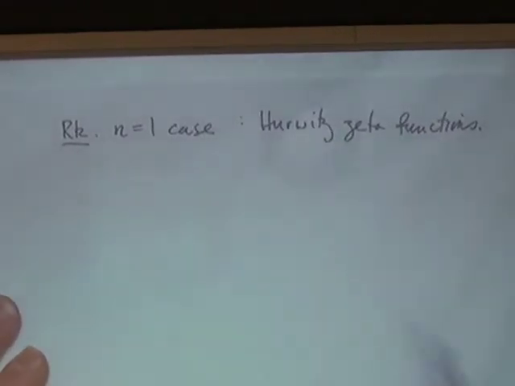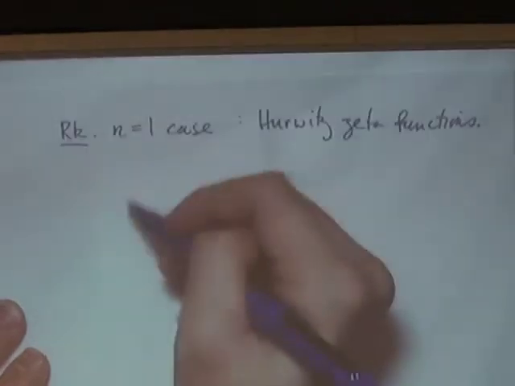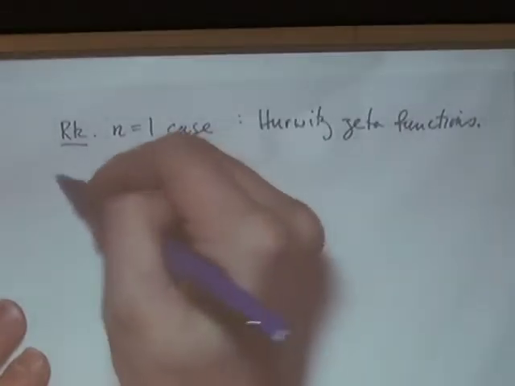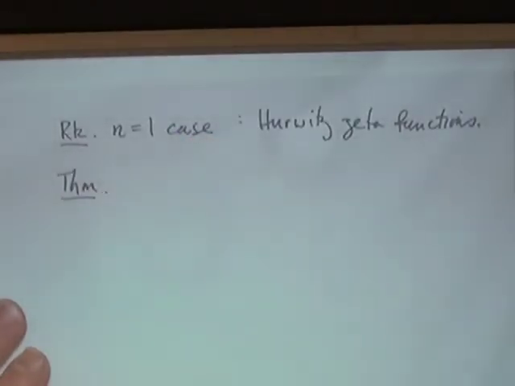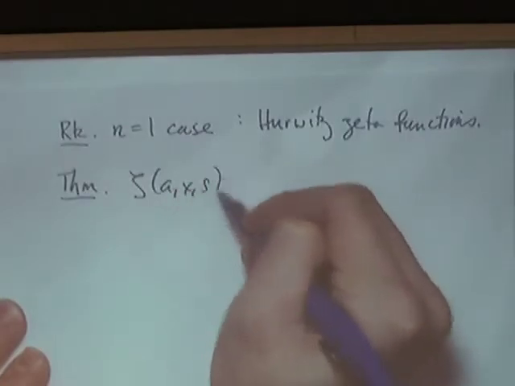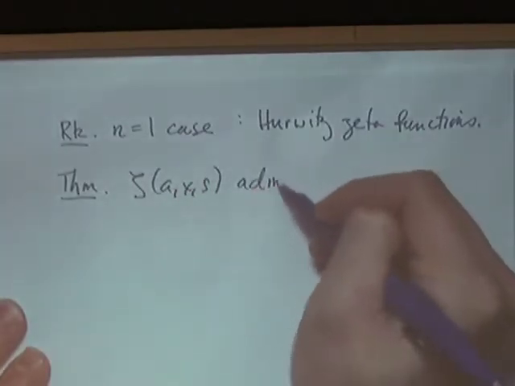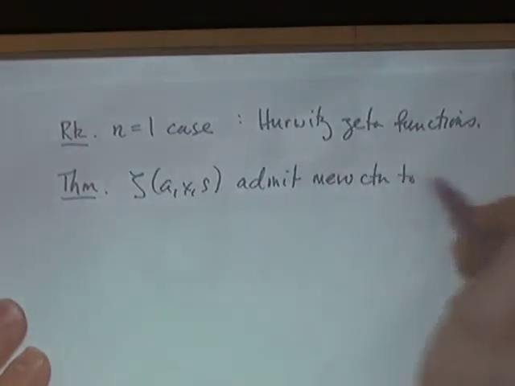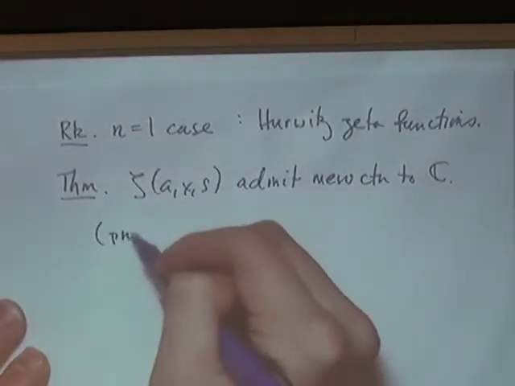Okay, so that's a formal definition of a Dirichlet series. What does this have to do with partial zeta functions and number fields? So let me try to make that connection. Let me state one of Shintani's main results on these: that these functions, zeta(A, x, s), admit meromorphic continuation to the complex plane, and I'll indicate the proof of this later.